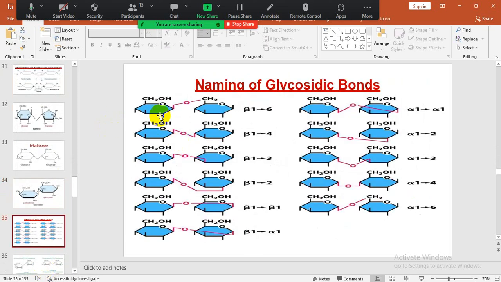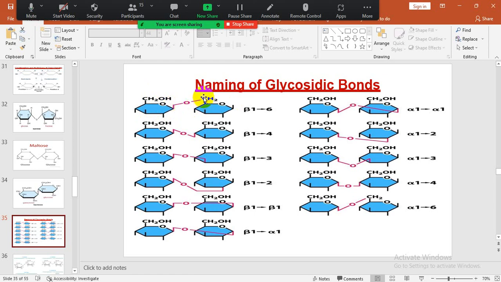Okay, so let's come here. This is alpha. So this sugar unit, where is the OH on the anomeric carbon pointing? Upwards. So is it alpha or beta? Beta. Okay.